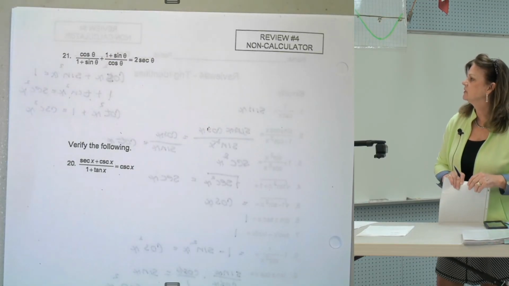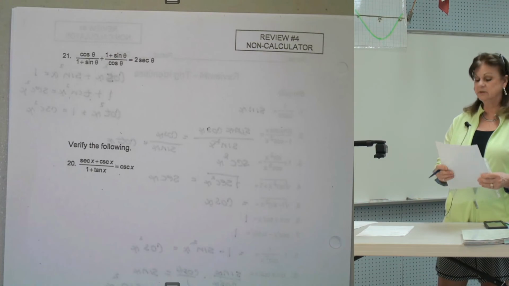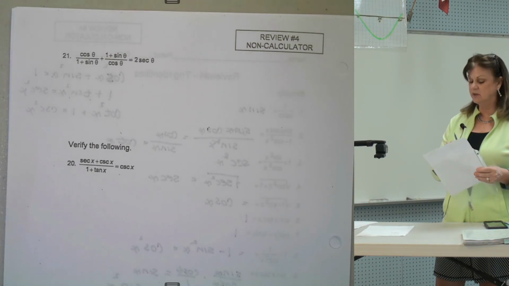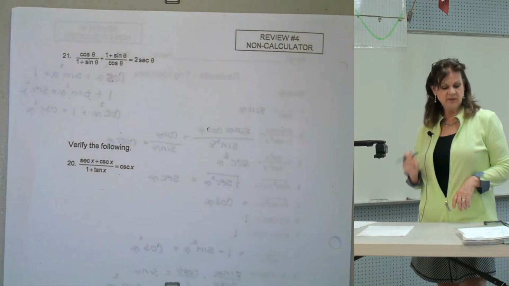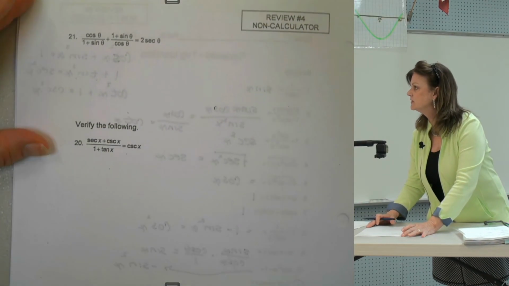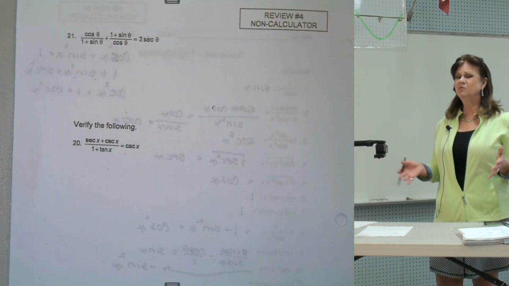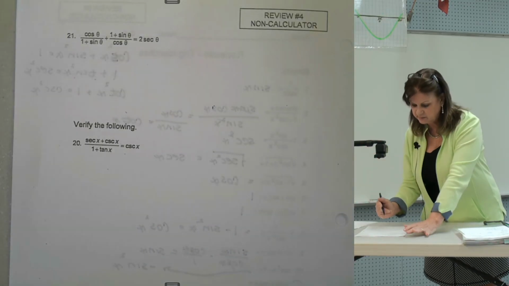We've got cosine over 1 plus sine plus 1 plus sine over cosine. And we're supposed to make that look like 2 secant theta. All right, right to left, left to right, denominator, denominator. Again, even if you're really not sure what to do, you know how to handle rationals, so just start mathing. Let's go.